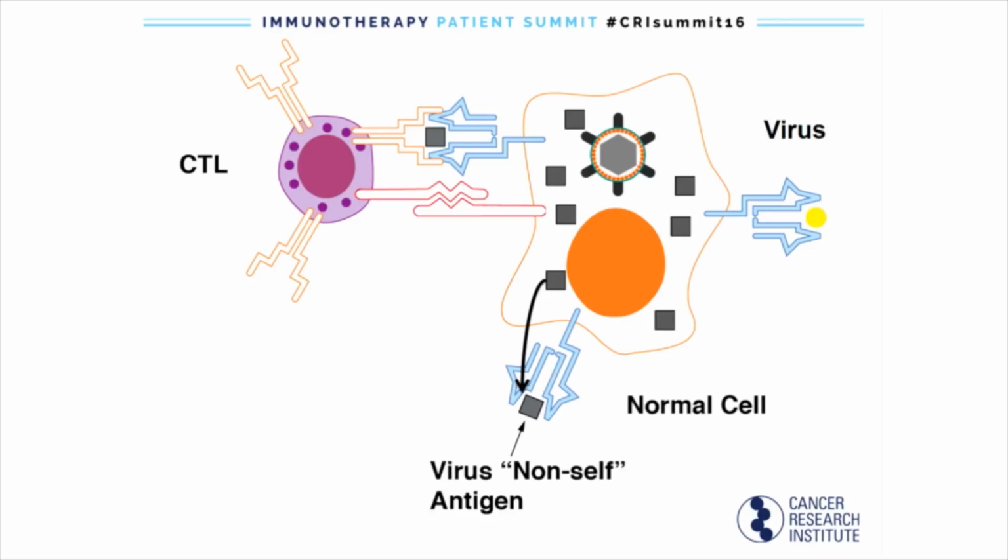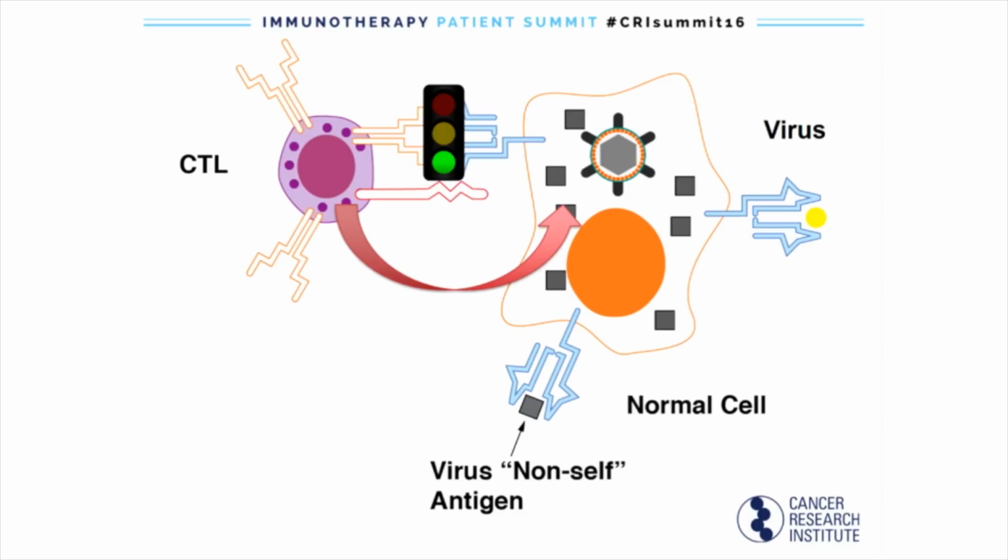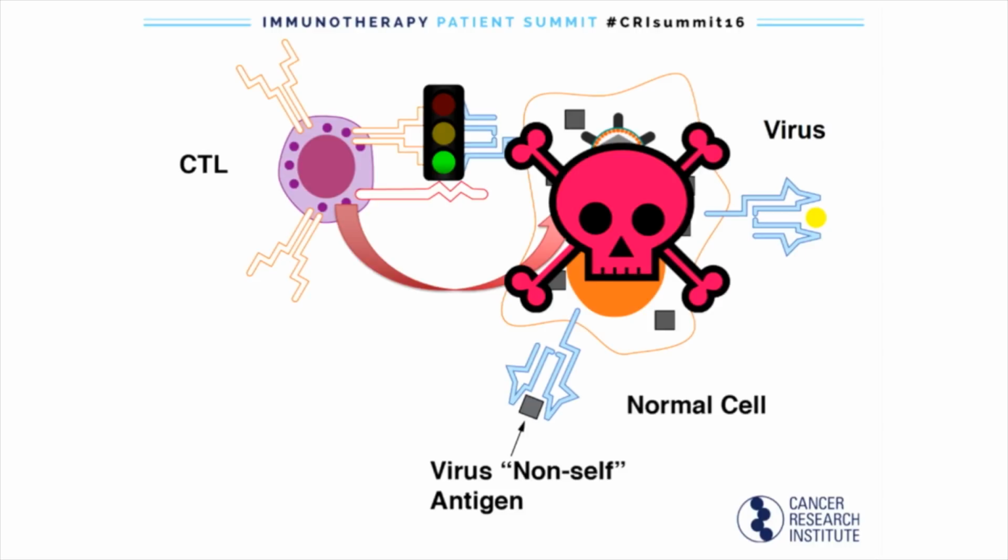In addition, inflammatory conditions sometimes will downregulate some of those negative signals on normal cells. So there goes the PD-L1. Now the cytotoxic T lymphocyte scans the MHC complex and it sees a virus protein that it doesn't like. And so that's a go signal to kill that cell. In addition, there's no negative signal to downregulate the activity of the T cells, and so it will kill the targeted cell that's been infected by the virus.